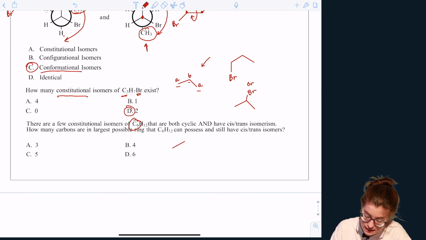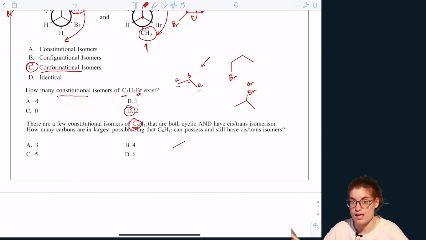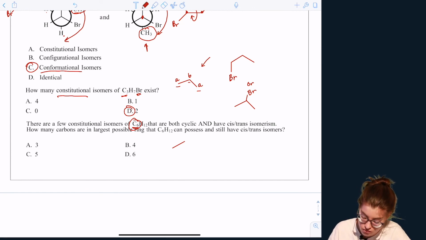So if I need at least 2 substituents, and all I have are carbons, then that means that my ring has to be 6 carbons, but I need to have 2 saved for substituents. So my largest ring can be 4 carbons. 1, 2, 3, 4.